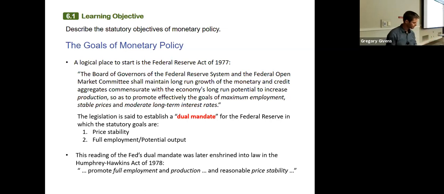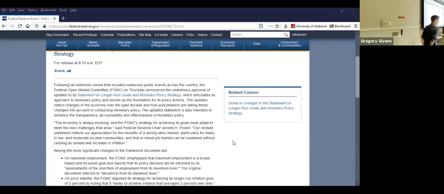In fact, let me just take a minute to show you that you can find a statement of the Federal Reserve's objectives directly on their own website. Every time the FOMC meets and makes a policy decision, it references its so-called dual mandate.